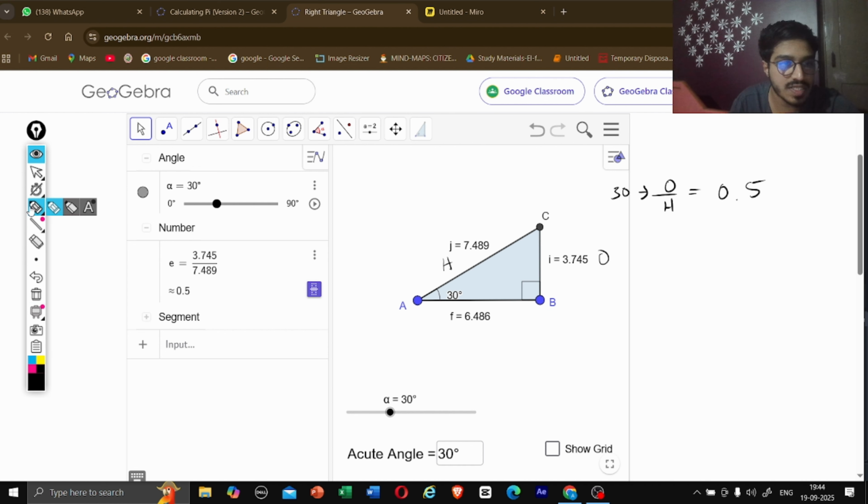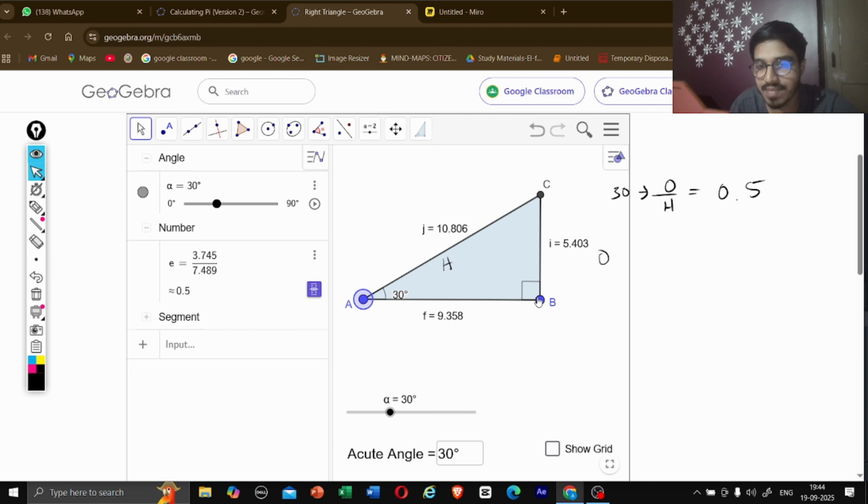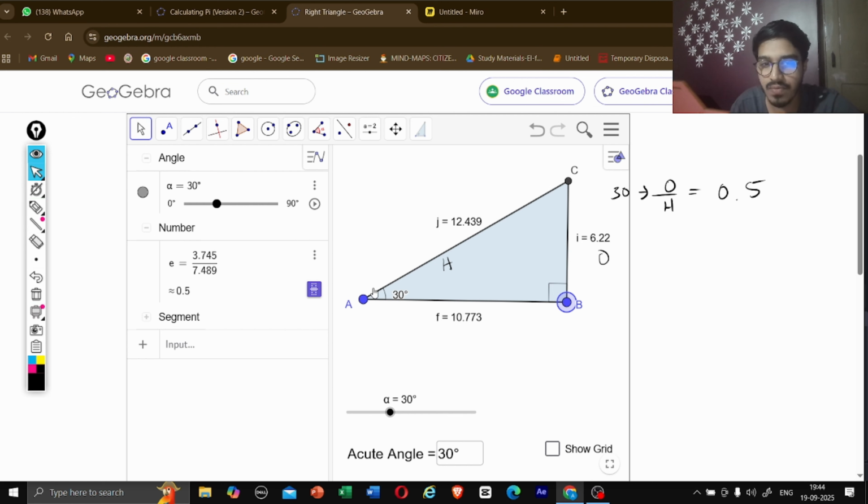Now, for the same angle, 30 degrees, I'll take a little bit bigger triangle. See, the angles are the same, 30, 90, 60, but the triangle is getting bigger. Now here I is 6.22.